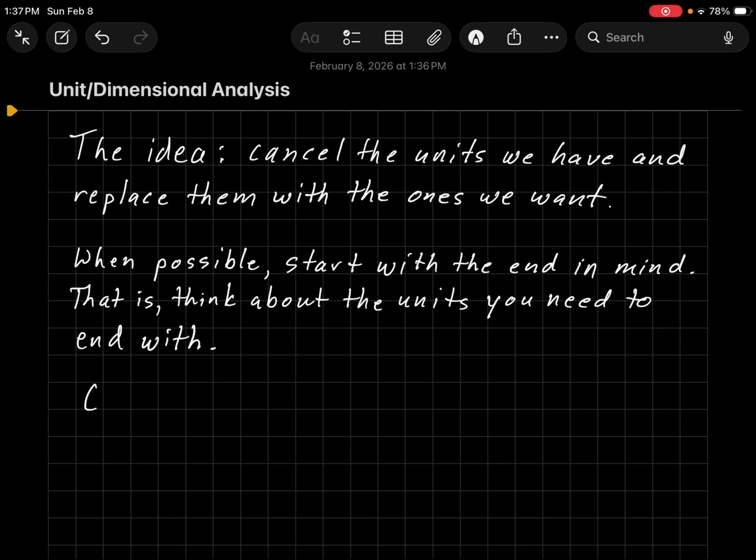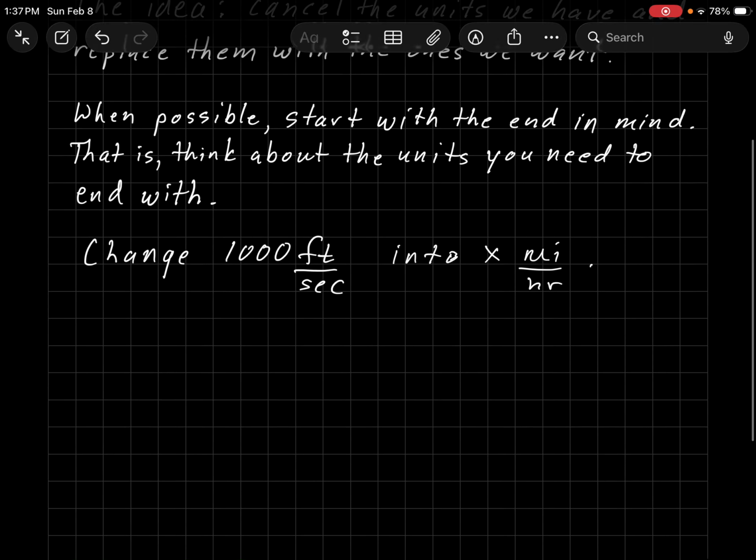And suppose we want to change 1,000 feet per second into miles per hour. So I'll say X miles per hour. How can we do this?